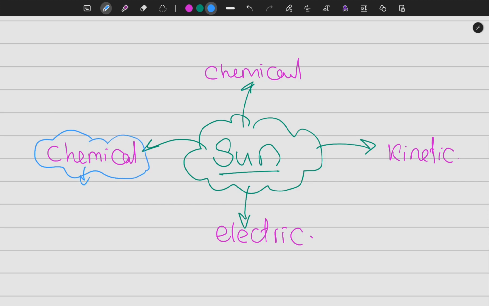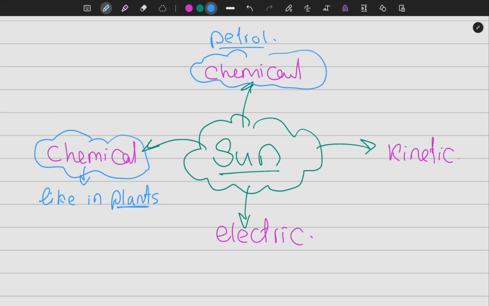The plant converts the sun energy to food, to sugar. Sugar has chemical energy. So, like in plants, in photosynthesis. What about the other chemical energy? Of course, like that stored in petrol.